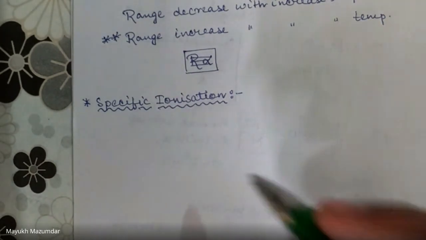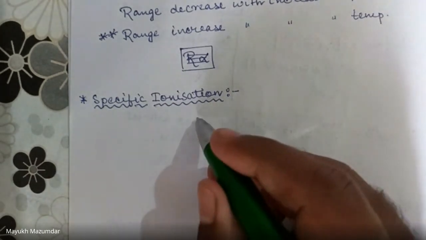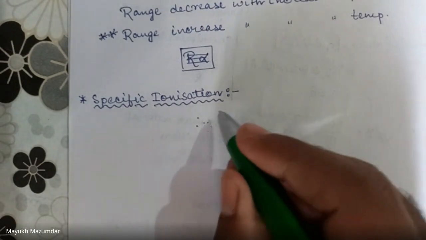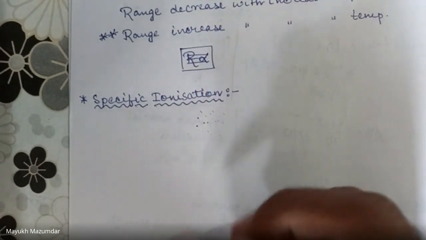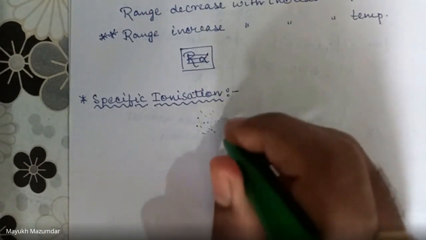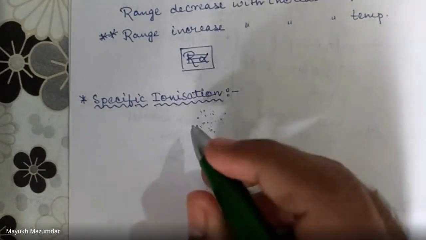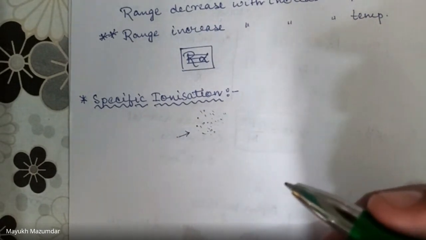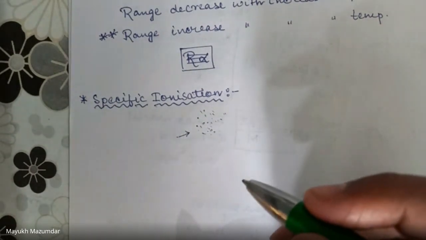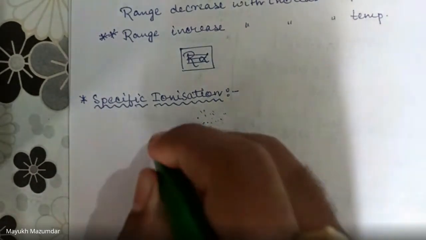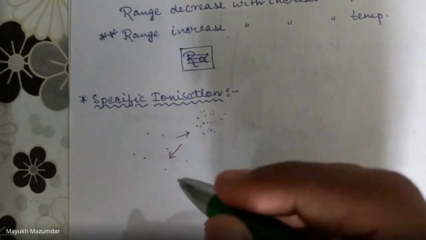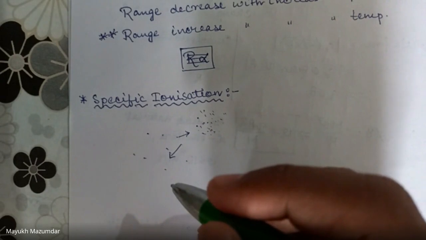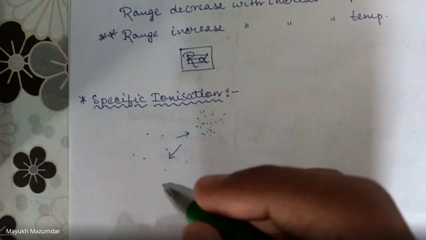Suppose this is the density of the gas molecules. The alpha particle goes this way, and the ionization it will do; if it goes the other way, obviously the ionization will be less because the number of gas molecules is less here.